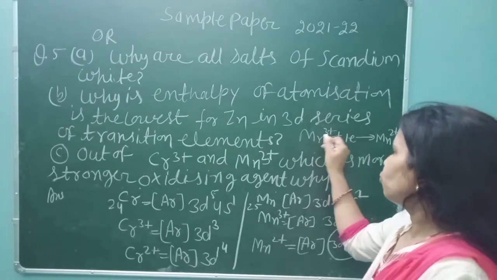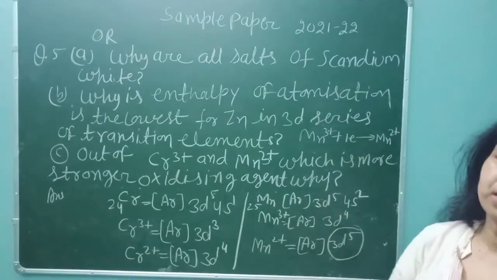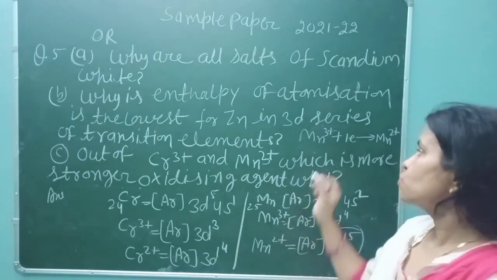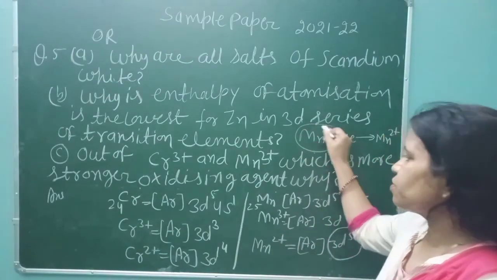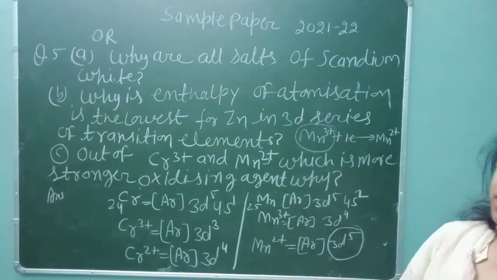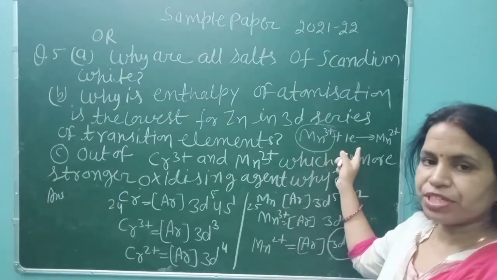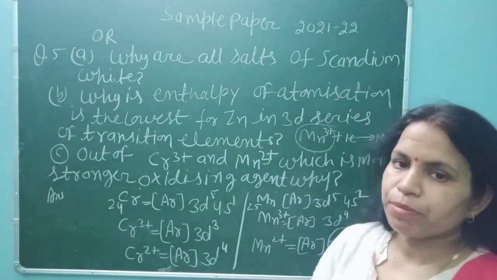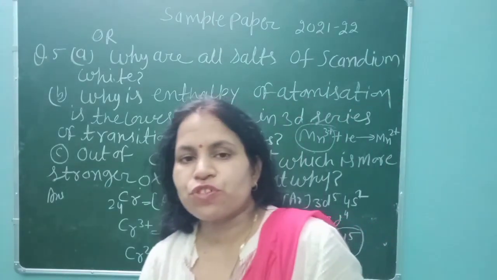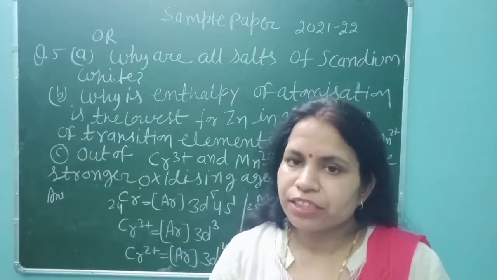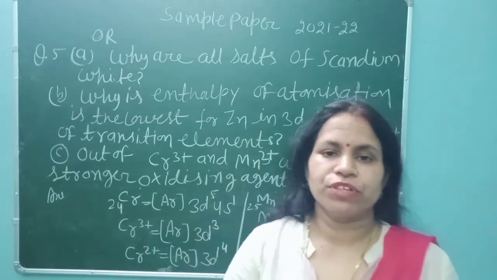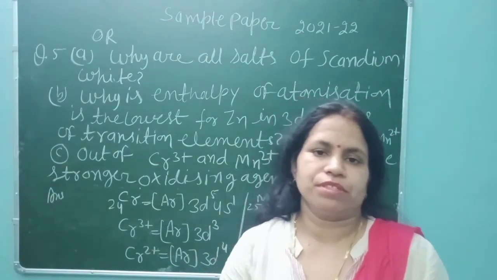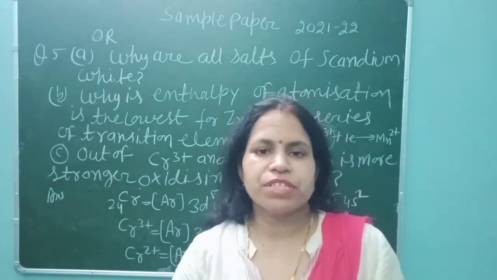So 3+ converts into 2+. Here reduction takes place, so it is the better oxidizing agent than Cr3+. So it is the oxidizing agent. So it's clear why Mn3+ is a stronger oxidizing agent than Cr3+, due to the electronic configuration, and 3d5 is more stable. Now it's clear to all of you.